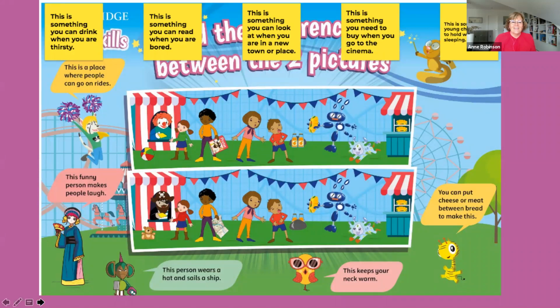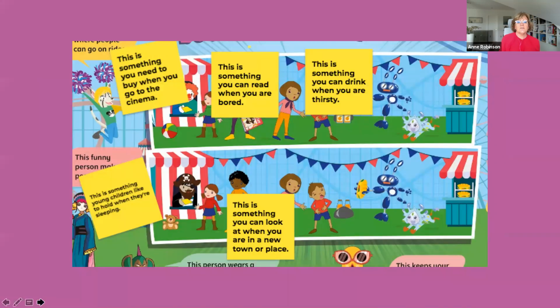So you could get students, again, give them the model, give them the framework. This is something you, or this is something we, or this is something people. There would be variations on that structure.